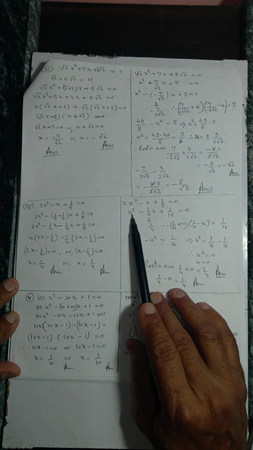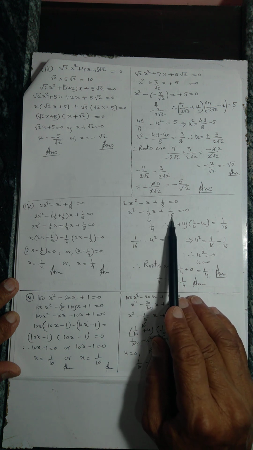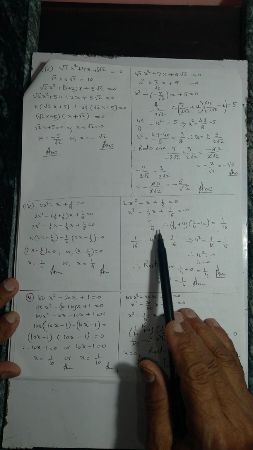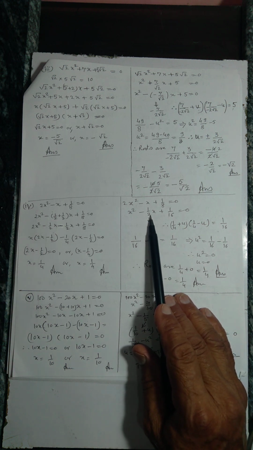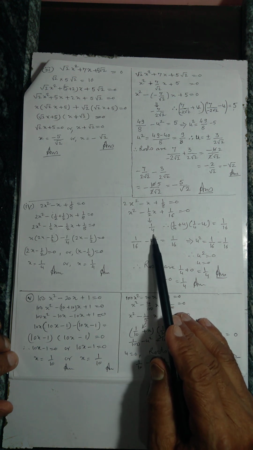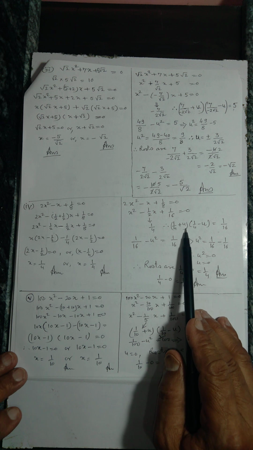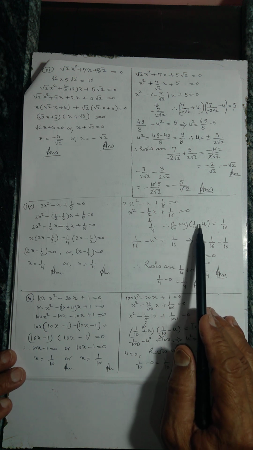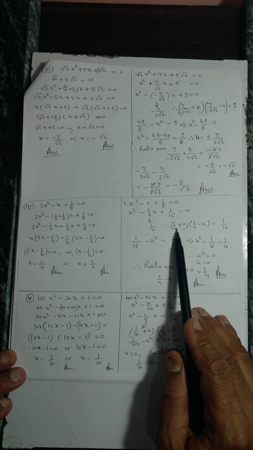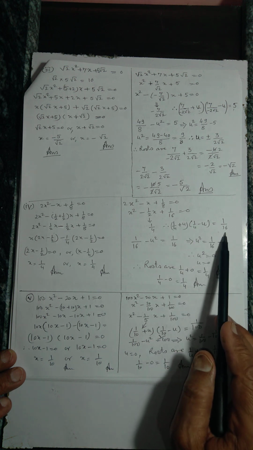So here I have got x square minus 1 by 2 x plus 1 upon 16 equal to 0. So half of this coefficient, you see, it is already minus, so half of it is 1 by 4. So 1 by 4 plus u in one bracket, and in the other bracket 1 by 4 minus u. These are the two roots. And the product of the roots should be equal to the constant, that is 1 by 16.